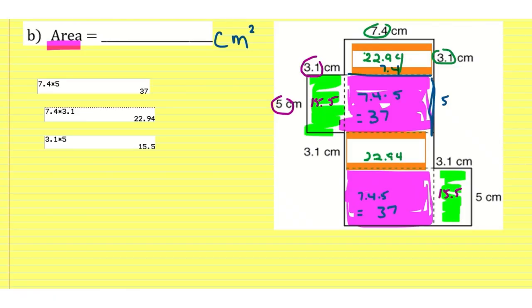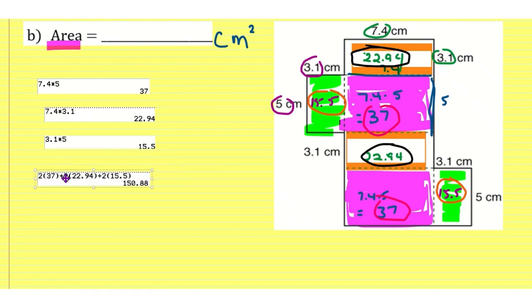So if you notice, I have two 37s, and then I also have two 22.94s, and then I also have two 15.5s. So I can, if I want to, put those in my calculator like this.